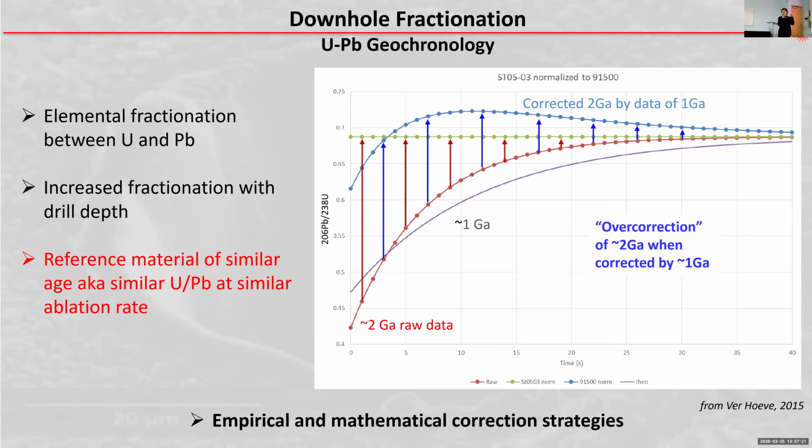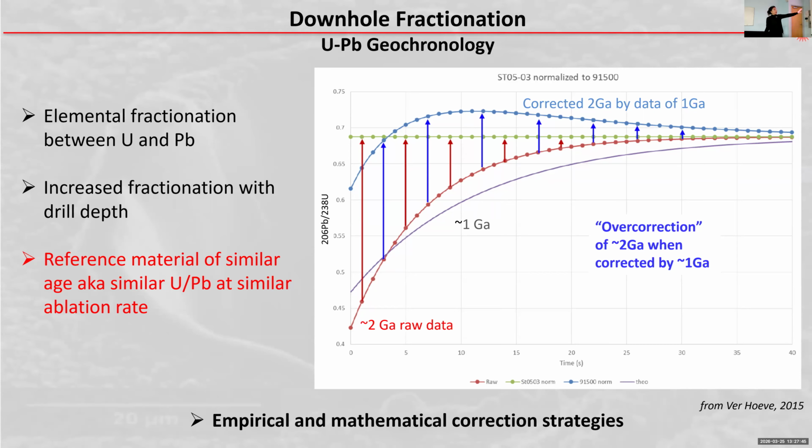That means they have to be close, because otherwise, if you try to date a 2 billion old zircon with a 1 billion old zircon, you will overcorrect it because that uranium-lead ratio for that zircon is different. It's lighter, it's smaller than the one that you actually have.